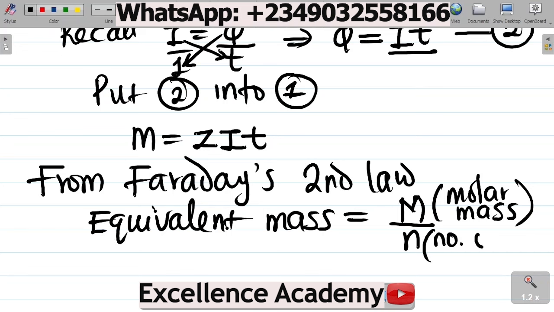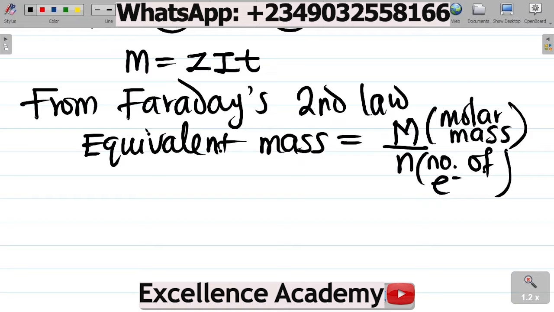So number of electrons, e minus, that's N, all right? The number of electrons exchanged.